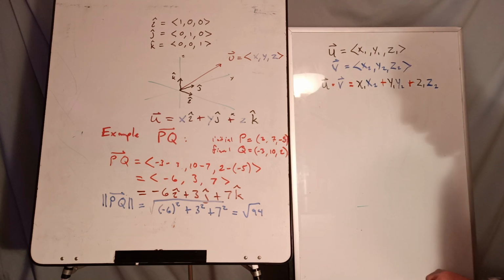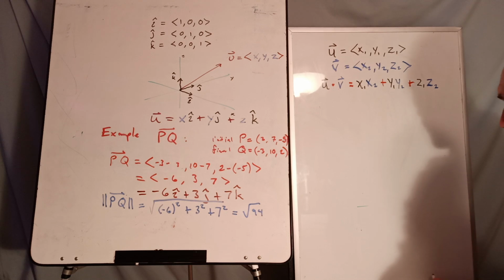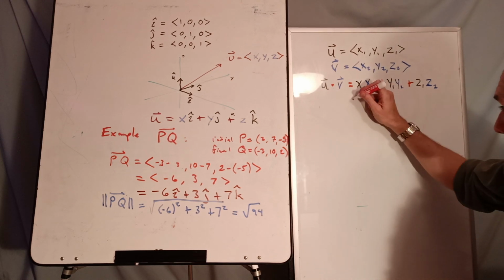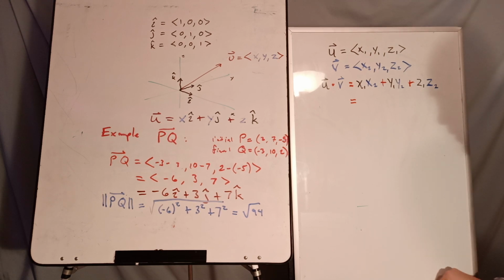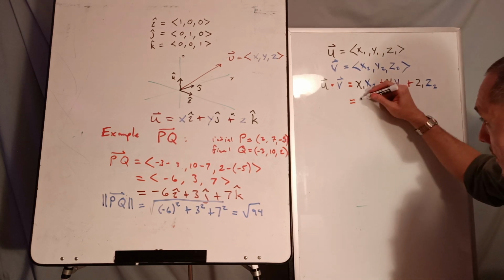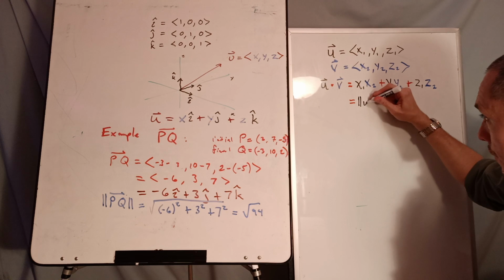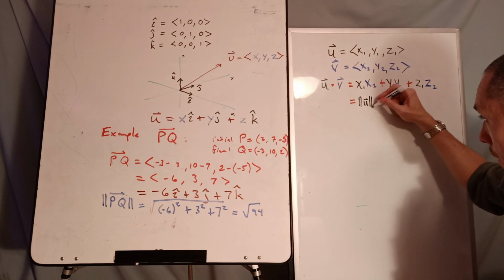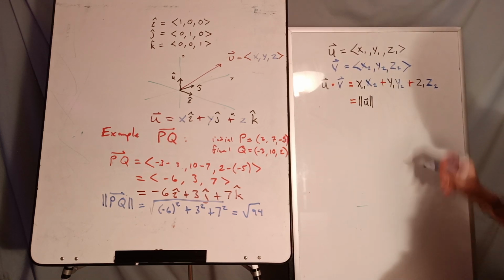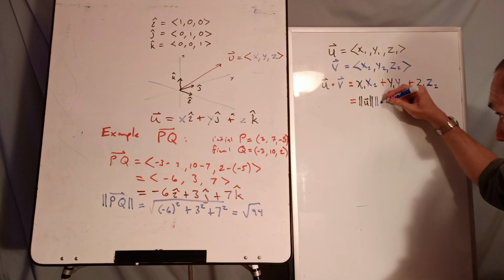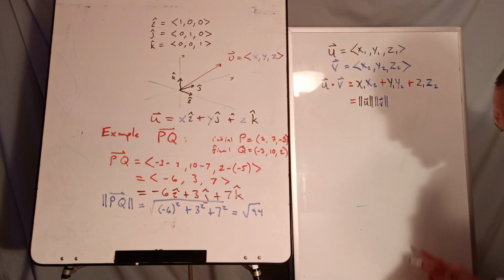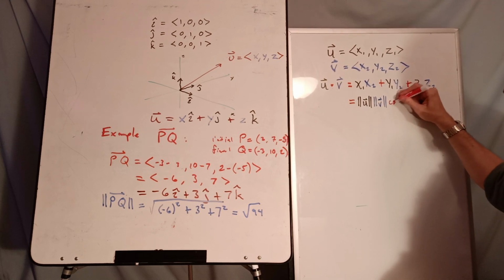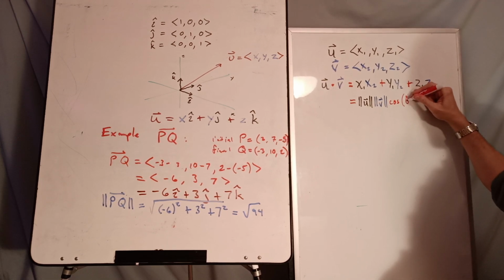And we have an additional interpretation here when we're talking about these vectors in our Euclidean coordinate space. We can also say that this is going to be the magnitude of u times the magnitude of v times the cosine of the angle between them.